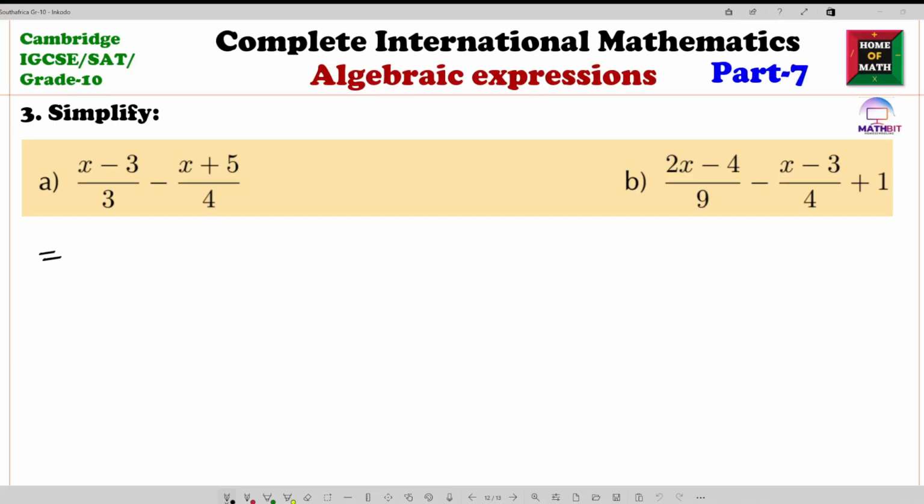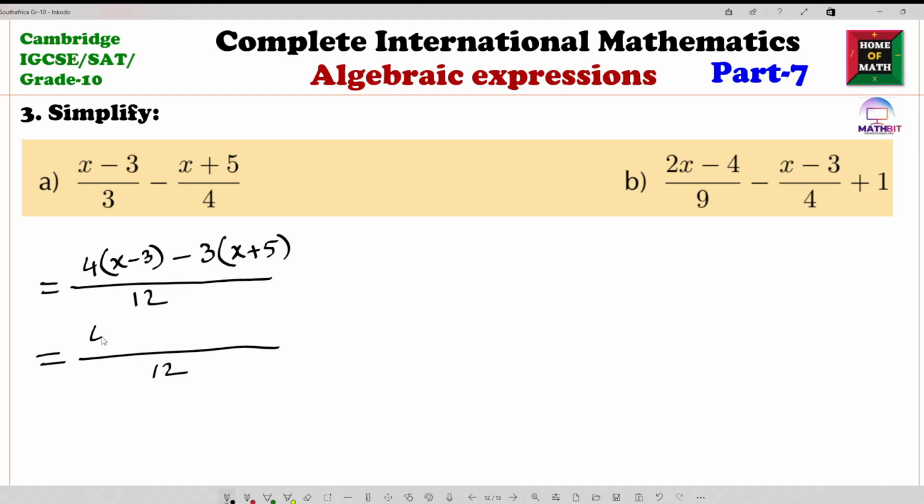Now let's start. A. (x minus 3) divided by 3 minus (x plus 5) divided by 4. So we just make the LCM. 3 and 4 have no common factor, so we multiply them, and it becomes 12. 12 divided by 3 is 4, times (x minus 3), minus 12 divided by 4 is 3, times (x plus 5).